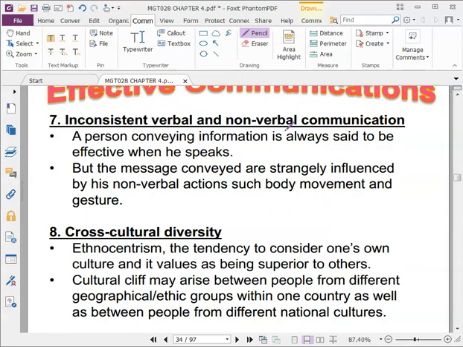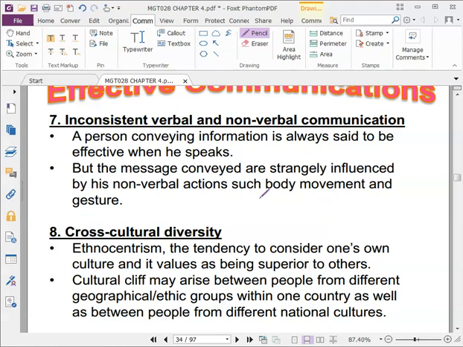The next 7, inconsistent verbal and non-verbal communication. A person conveying information is always said to be effective when he speaks, but the message conveyed are strangely influenced by his non-verbal actions such as body movement and gesture. Okay, so kadang-kadang bila dia nak cakap tu, dia punya tangan tu gerak-gerak sangat kan. So dia akan menghalang lah.